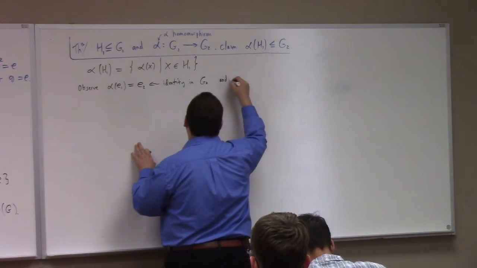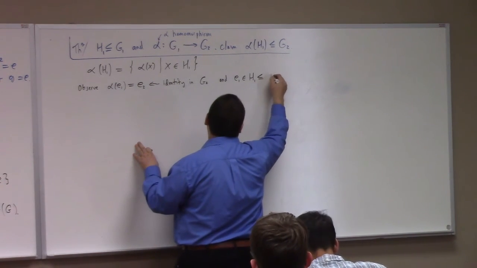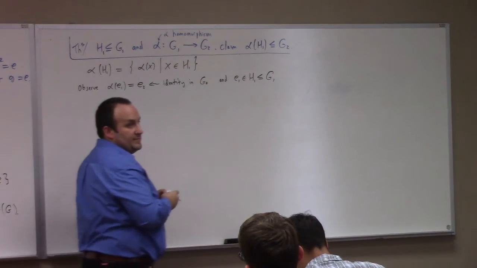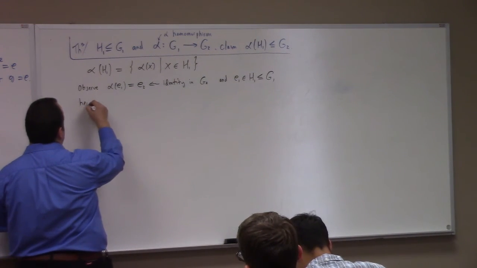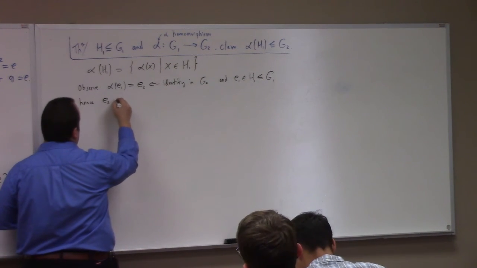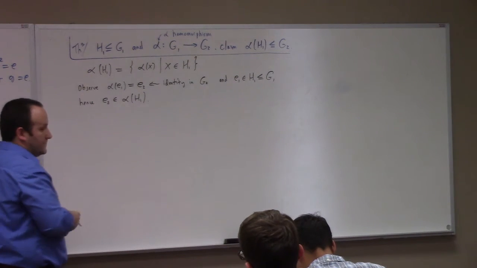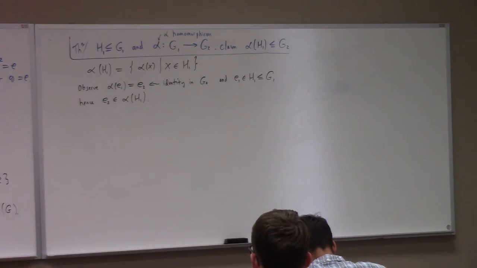And of course, E1 is an element of H1, because H1 is a subgroup of G1, hence E2 is an element of alpha of H1. It's the image of an element of H1.